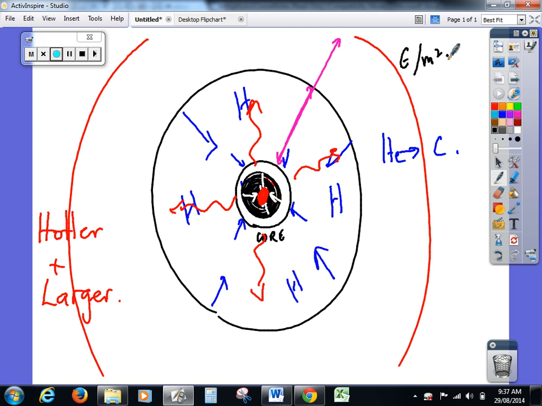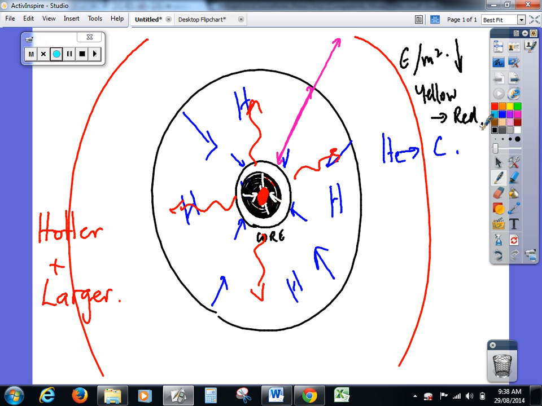Even though it's putting out a lot more energy, because there's much more surface area, the energy per metre squared drops. And we perceive that as a colour shift. We see this going from a yellow colour and now it looks red, even though the star is much hotter and much brighter. There is more surface area for all this energy to be lost through.